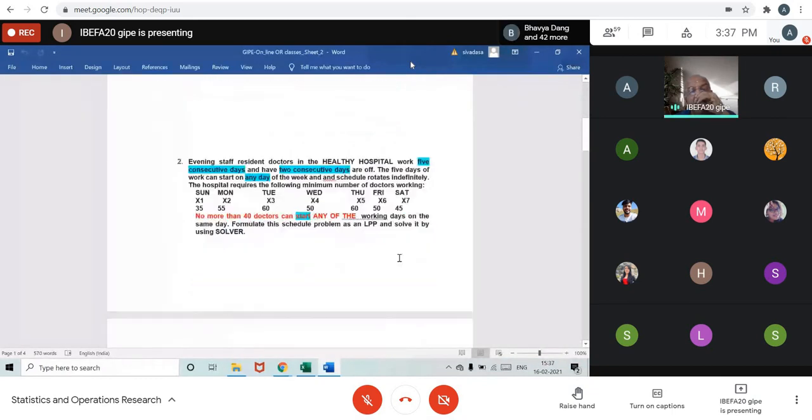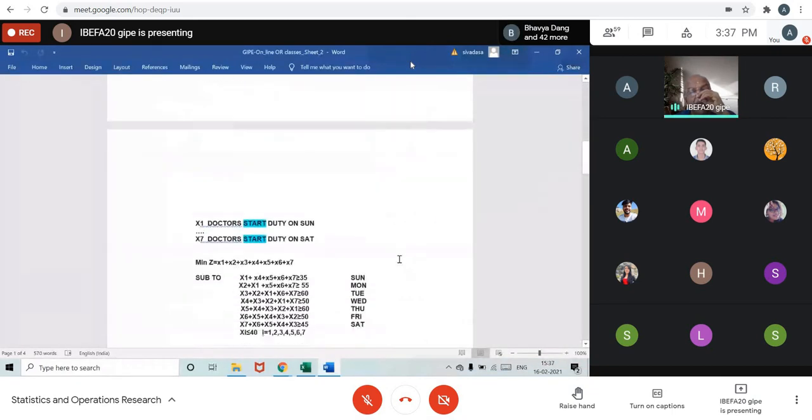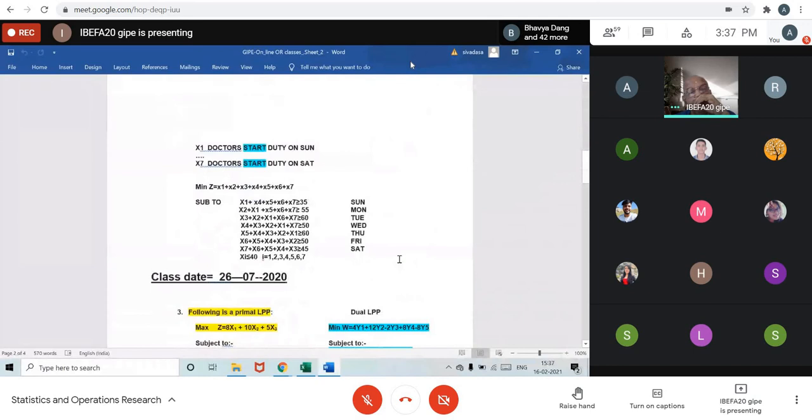Can anyone tell me what will be the case in the doctor example? So, sir, here it'll be maximum, and then 35 x1 plus 55 x2 plus 60 y2, y1, y2.